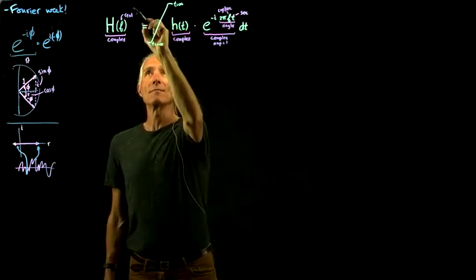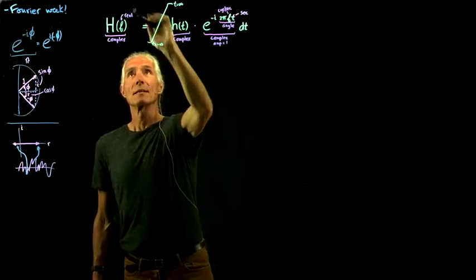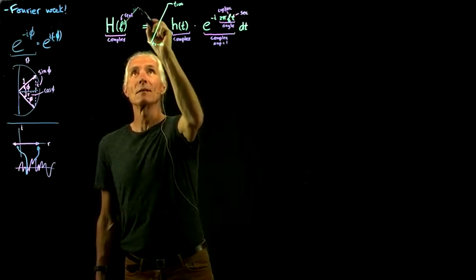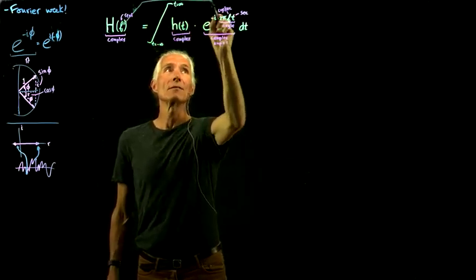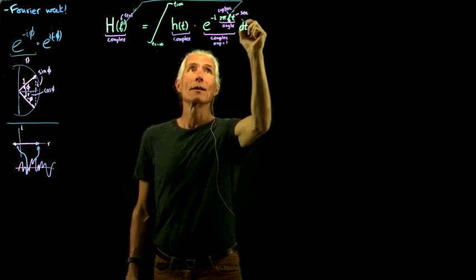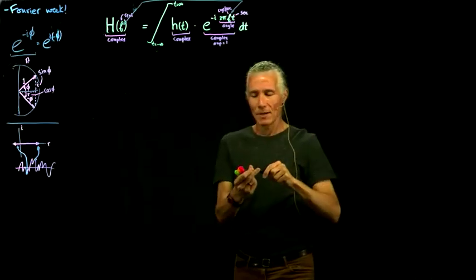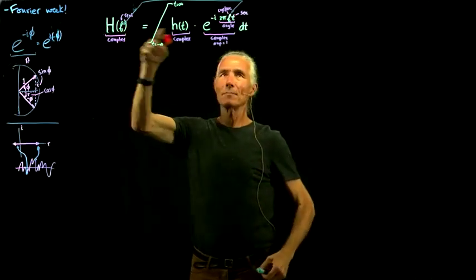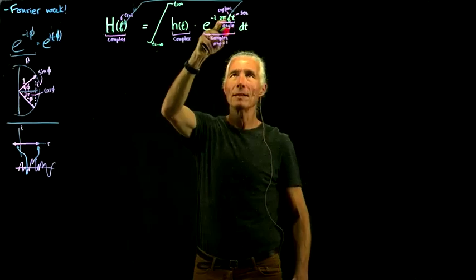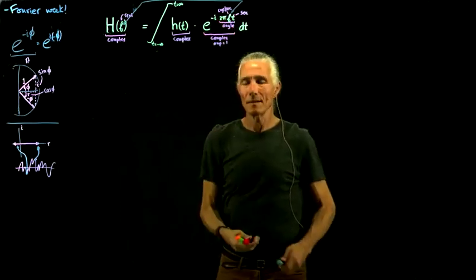If we look at frequency, we can see that there's a frequency over there. So for a given frequency, we'll be substituting that frequency in repeatedly into the right side.